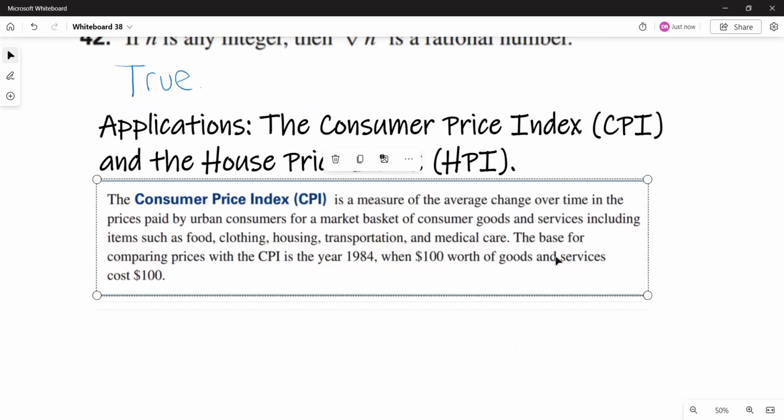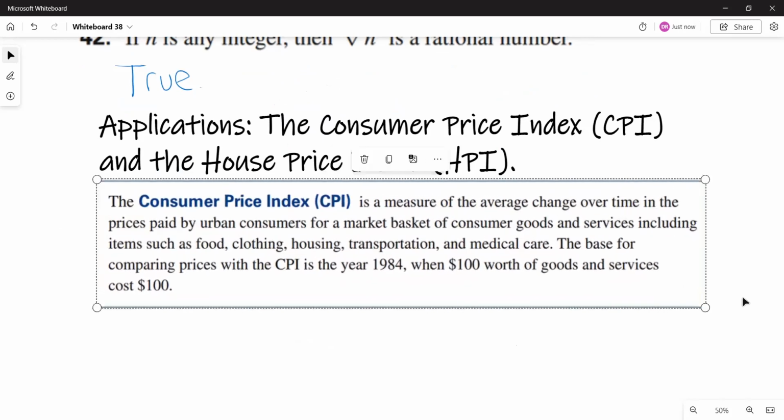That's on page 275. The consumer price index is a measure of the average change over time in the prices paid by urban consumers for a market basket of consumer goods and services, including items such as food, clothing, housing, transportation, and medical care.